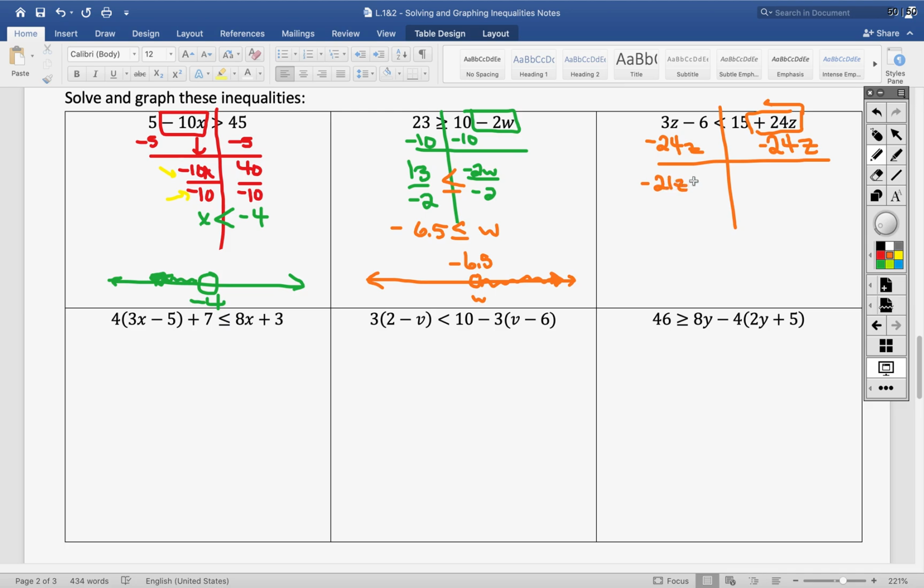So -21z minus 6 is less than 15. We add our 6 to both sides. -21z is less than 21. Divide by -21. z is greater than -1.